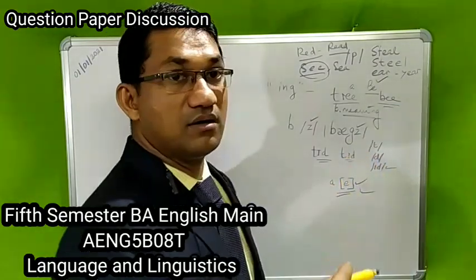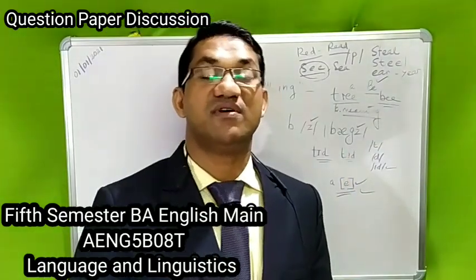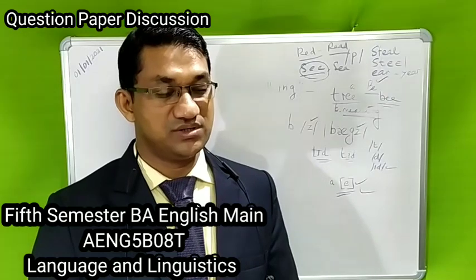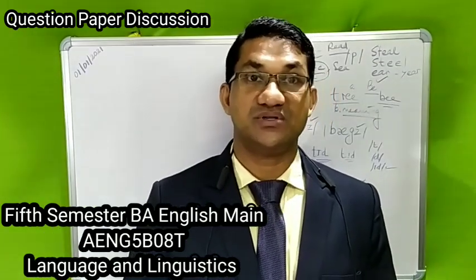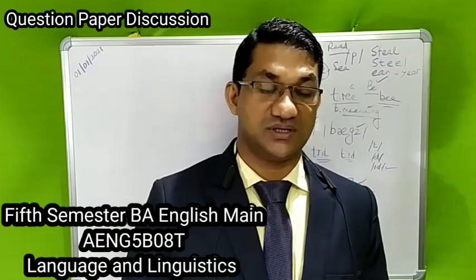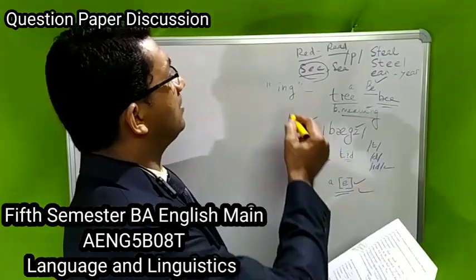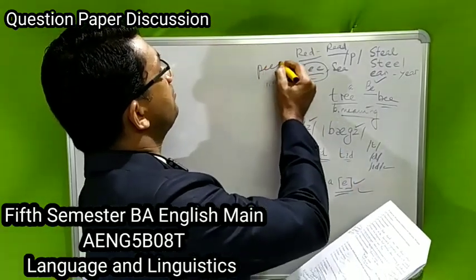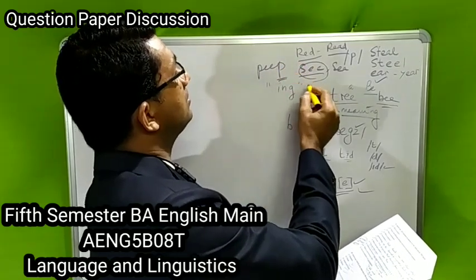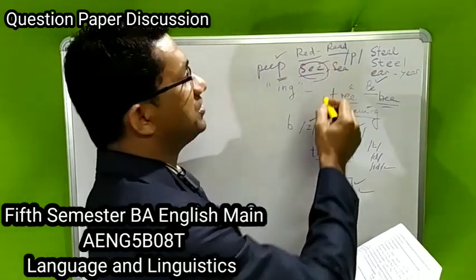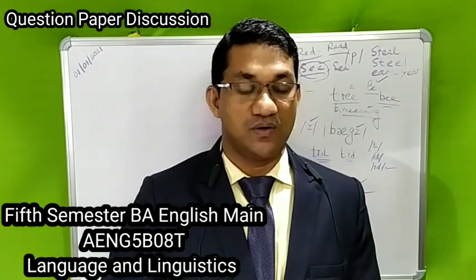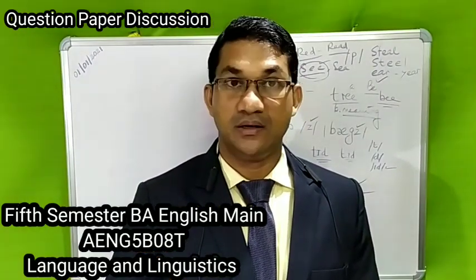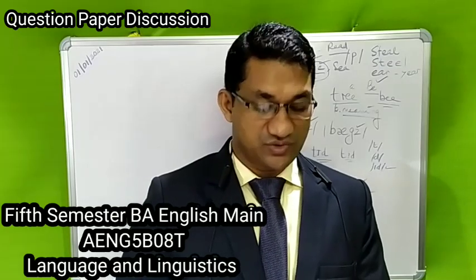All these are open syllables. Syllables ending in vowel sounds are open syllables. And closed syllables are syllables ending in consonants, like peep, which ends in a consonant. So closed syllable, open syllable. Open syllables are syllables ending in vowels. Closed syllables are syllables ending in consonants. Now the next question.